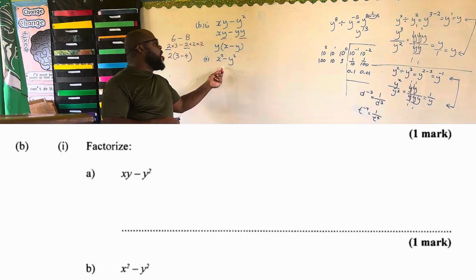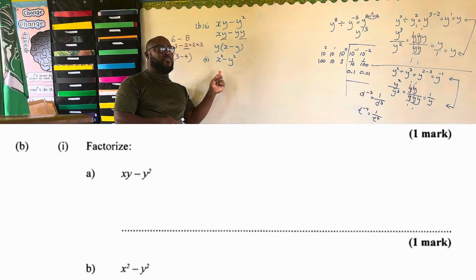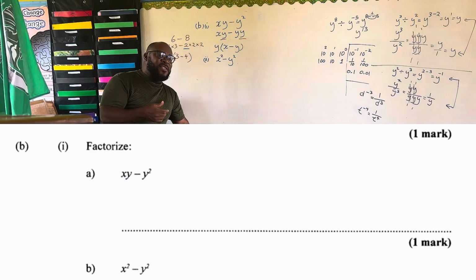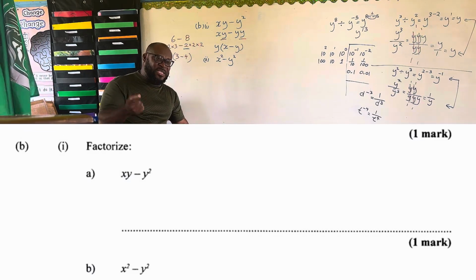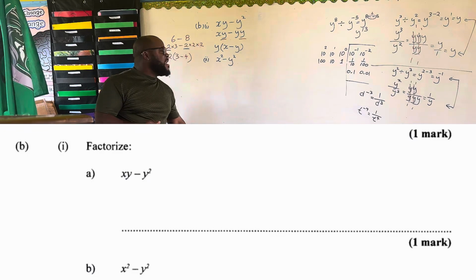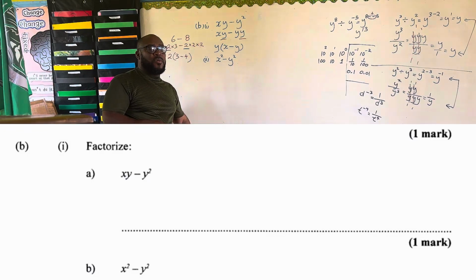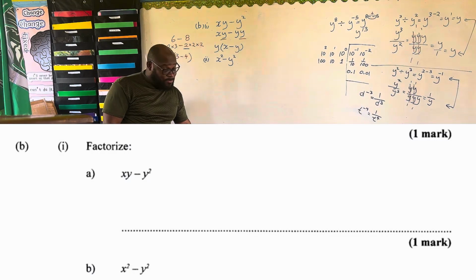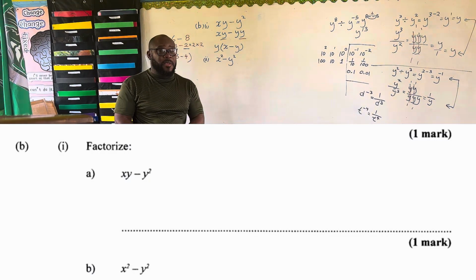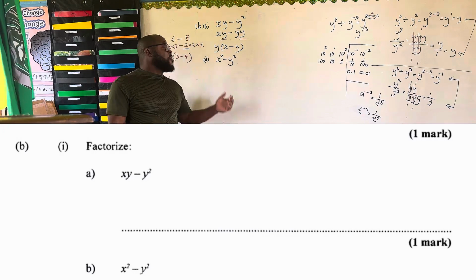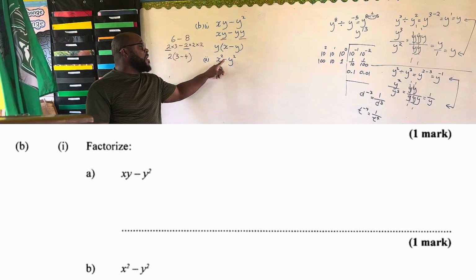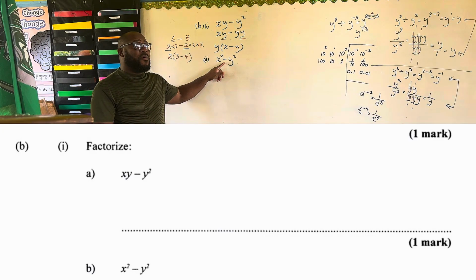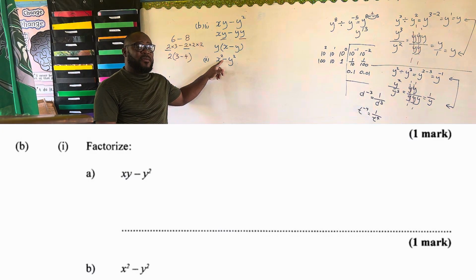Okay, good. Now what does this look like to you? It needs to have a name. You should know the name. This looks like something. Close. Give me another name for this. Subtract.